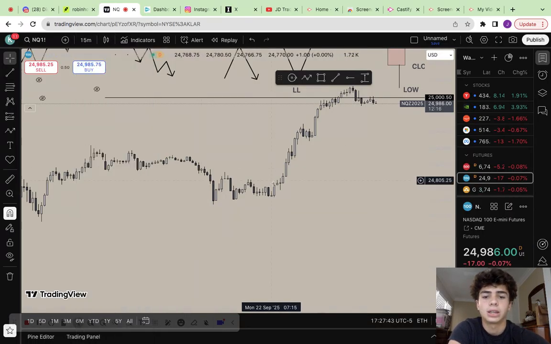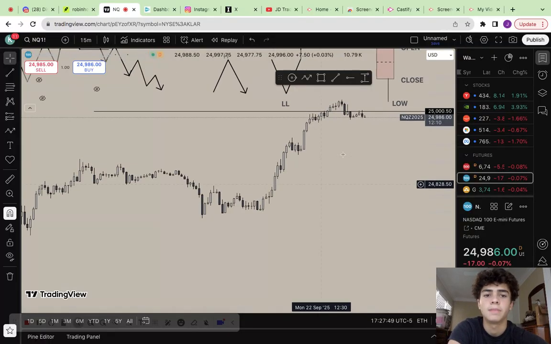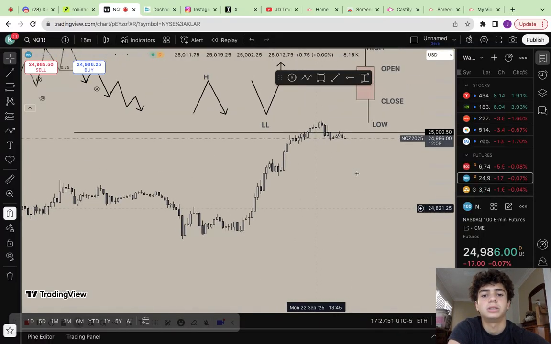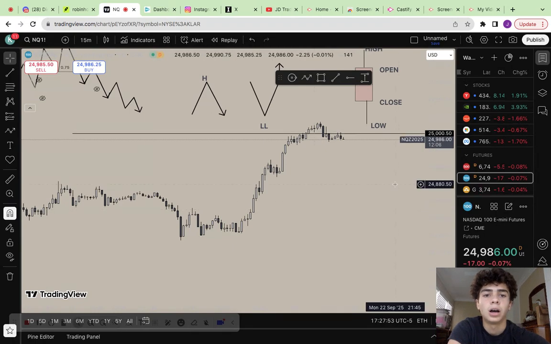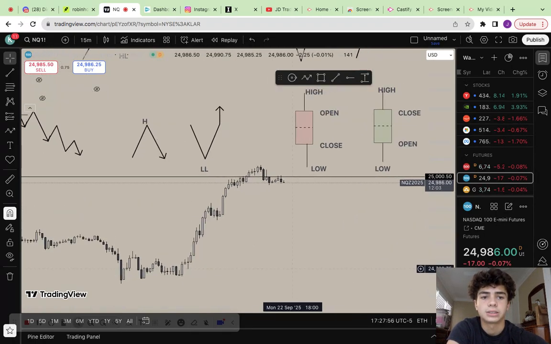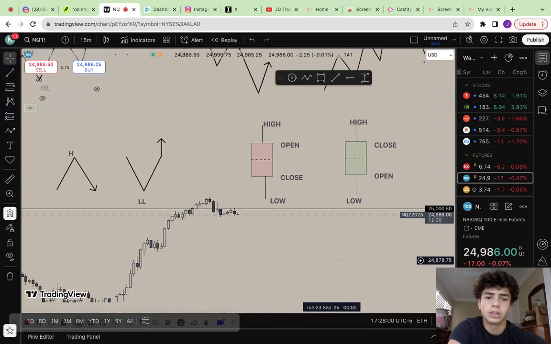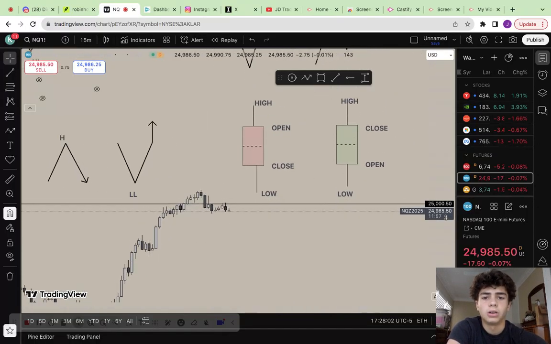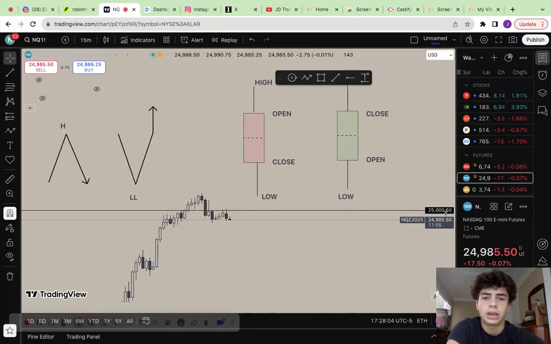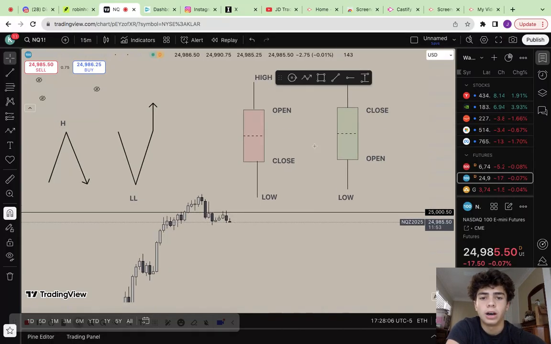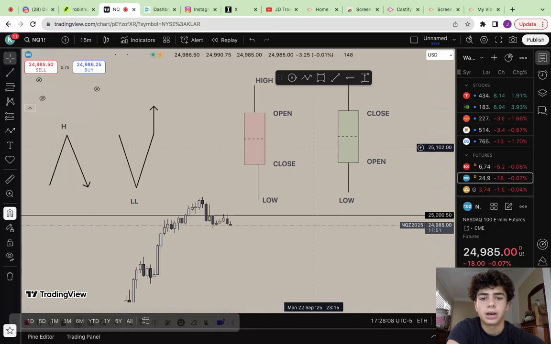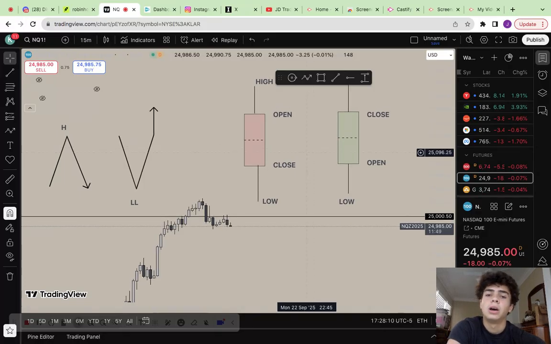Each candlestick has its own time frame based on what time frame you choose on TradingView or whatever charting platform you use. You might see these but not know what these mean, so let's break these down really fast. The red candle, aka a bearish candle, means price went down inside this time frame.